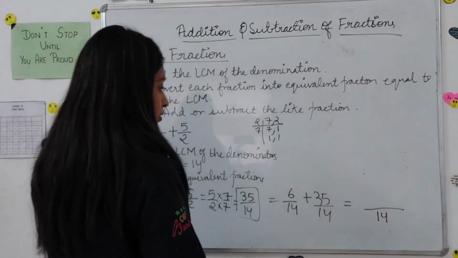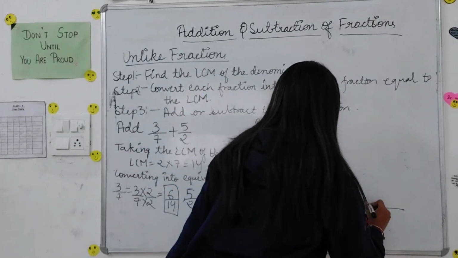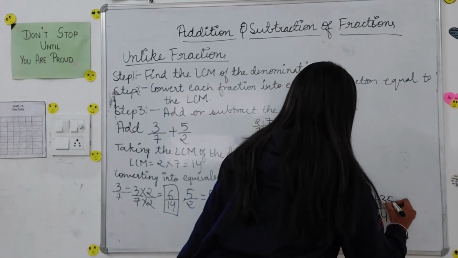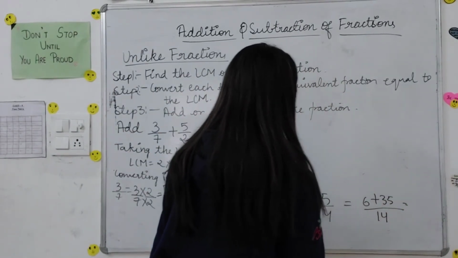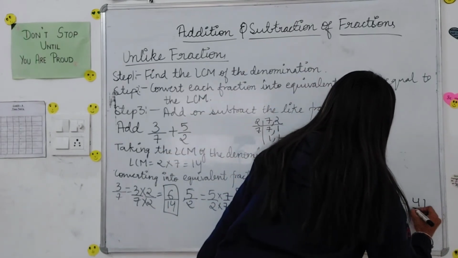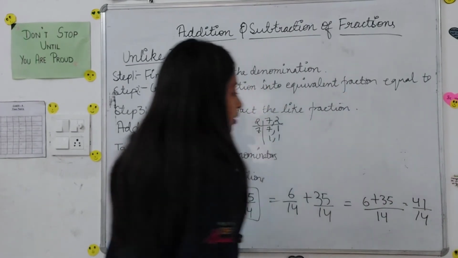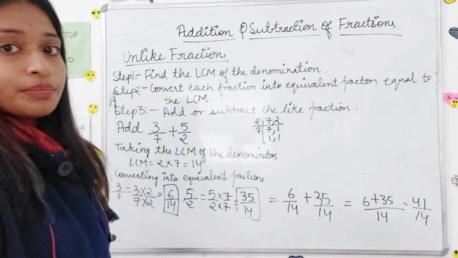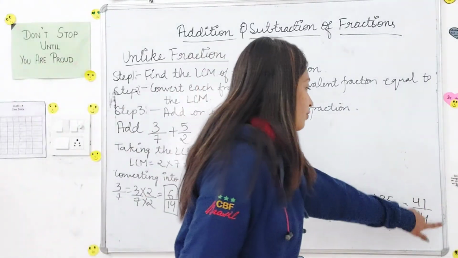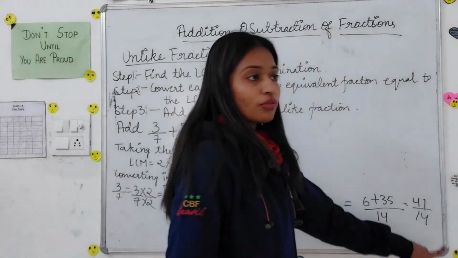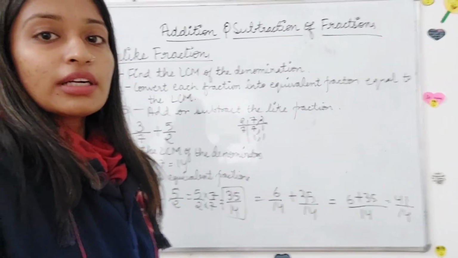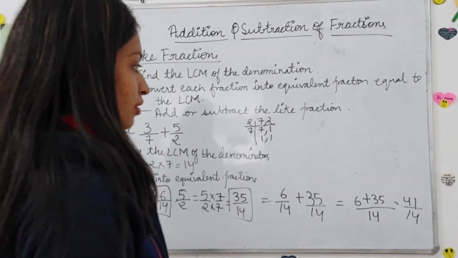Denominator will be common, and 6 plus 35. So the answer will be 41 upon 14. And now, as the fraction we got is an improper fraction, what will we do? We will convert it into a mixed fraction.